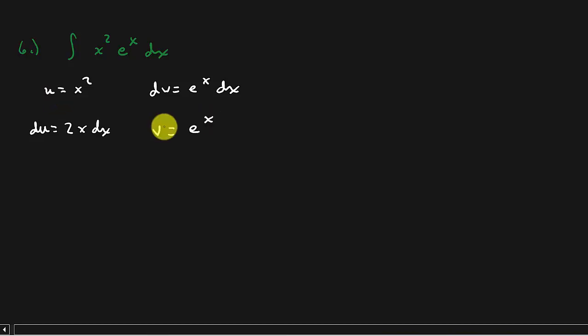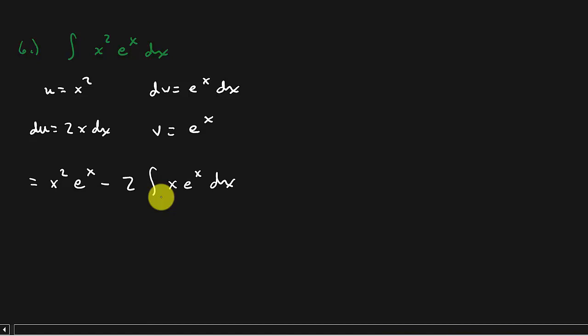All right, so now I've got u times v, so that's going to equal x squared e to the x minus, and I'm going to bring the 2 out, the integral x e to the x dx. And you can see I still can't integrate this. So I'm going to have to do parts a second time.